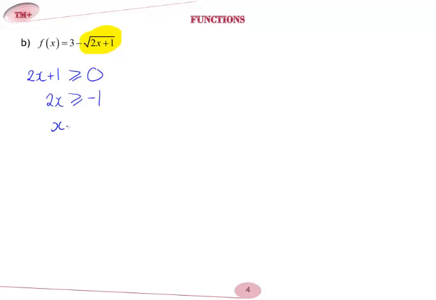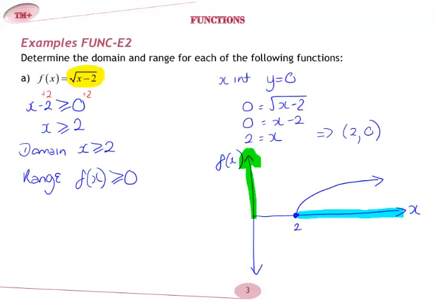Divide both sides by 2, x is greater than or equal to negative a half. That value is also giving you your x-intercept. You've noticed from the previous example that the domain is x greater than or equal to 2, and also the x-intercept is (2, 0). That will always occur with these square root functions.